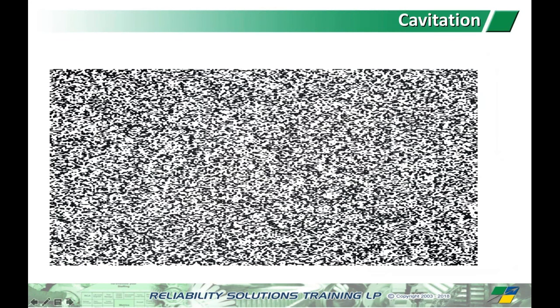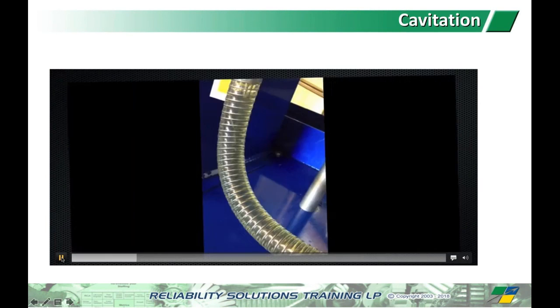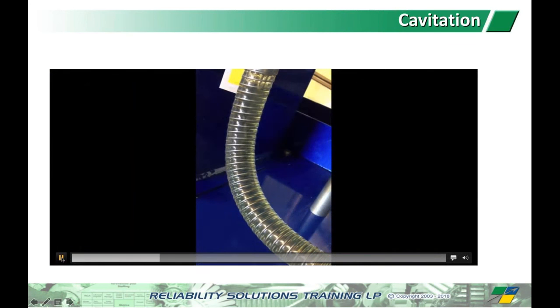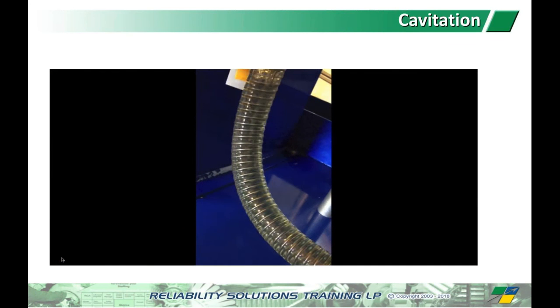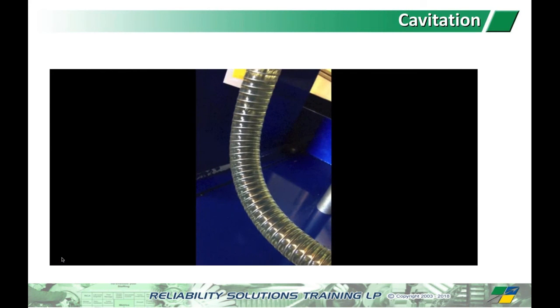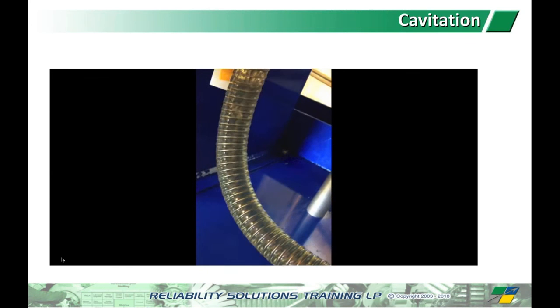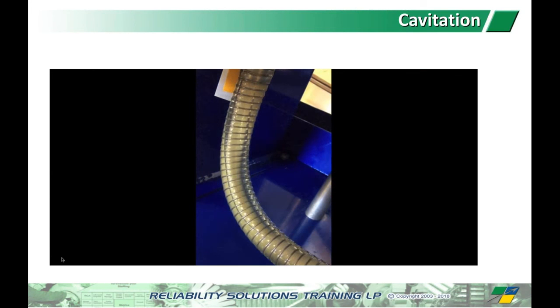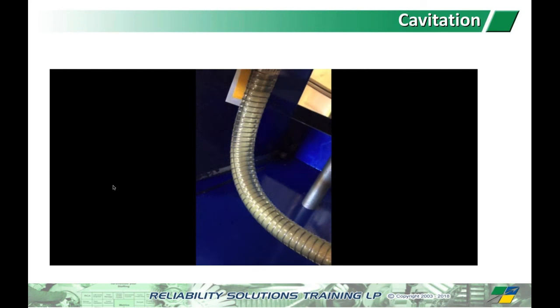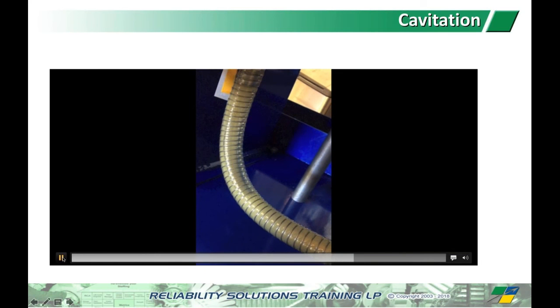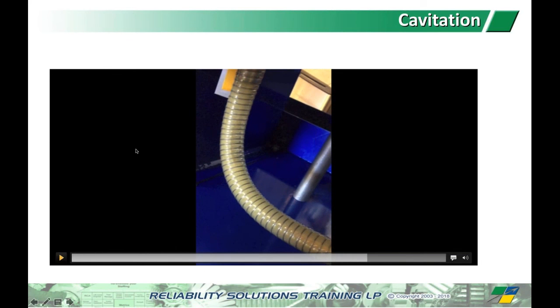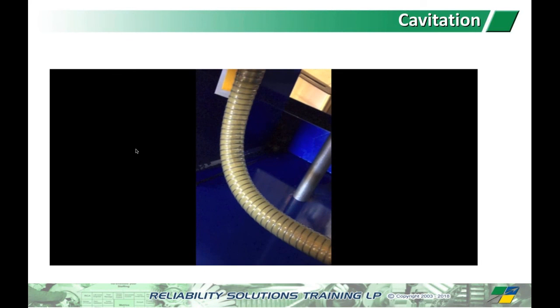Cavitation, we use this on regular centrifugal systems, but I've got an example here of that. A lot of times you don't necessarily need ultrasound for this. If you've got a pump that's cavitating, you can pretty much hear it.